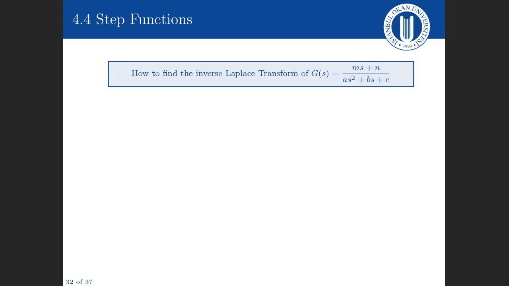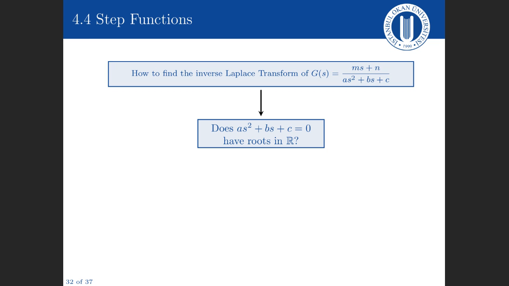Now, you will note that when we're trying to find the inverse Laplace transform of a rational function like this, I've shown you 2 different methods this lesson. When do we use each method? Ask the question, does the denominator have roots in R?